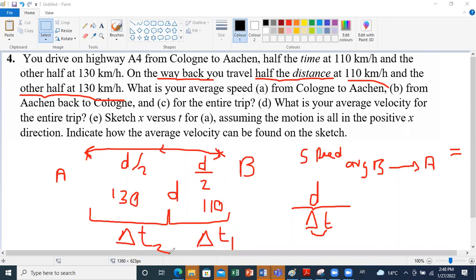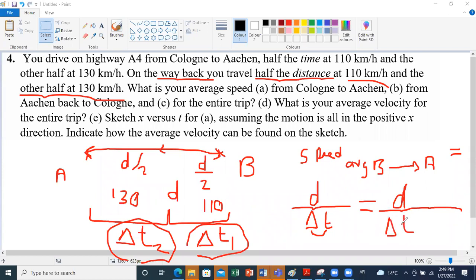So I will try to find an expression for delta t1 and delta t2, and then replace delta t in the equation by delta t1 plus delta t2. So this is d over delta t1 plus delta t2. And now I will try to express delta t1 and delta t2 as a function of d, so that d will be simplified from my equation. Okay? Let us see how to do it.